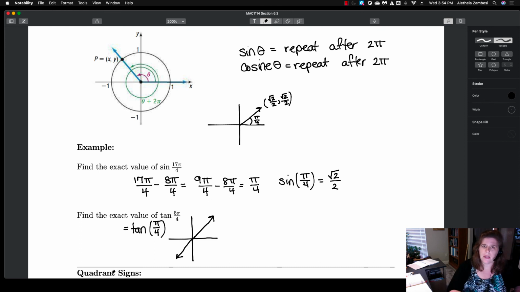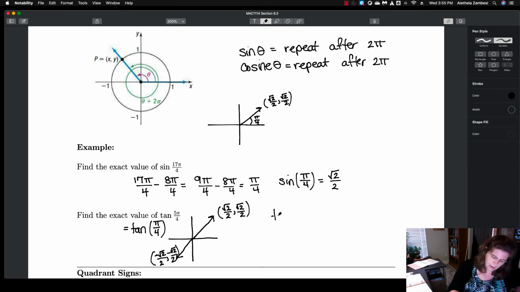Now remember that we can find the tangent by finding the y value and putting it on top of the x value. So these places, square root of 2 over 2, square root of 2 over 2. If I look at that third quadrant, negative square root of 2 over 2, negative square root of 2 over 2.